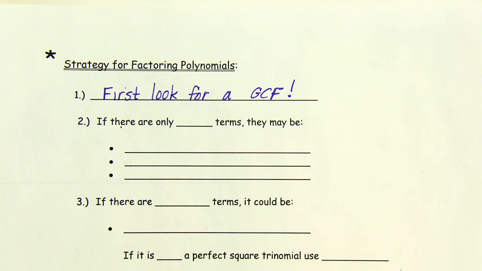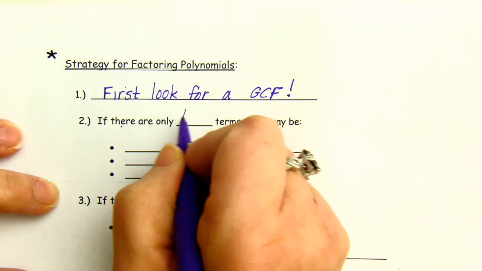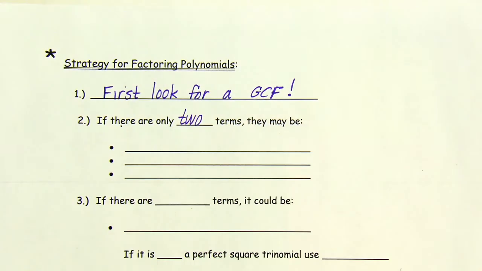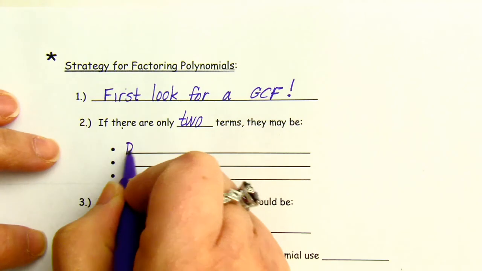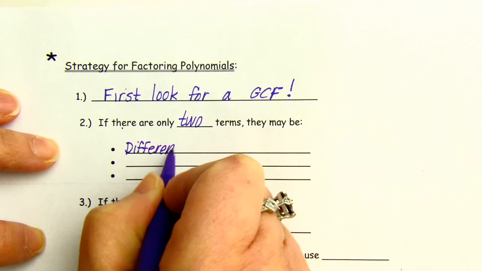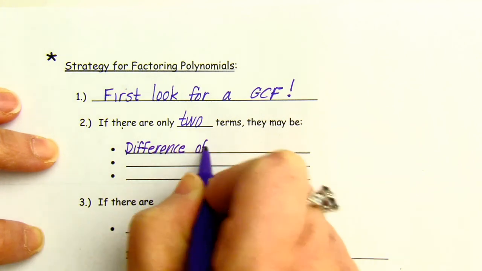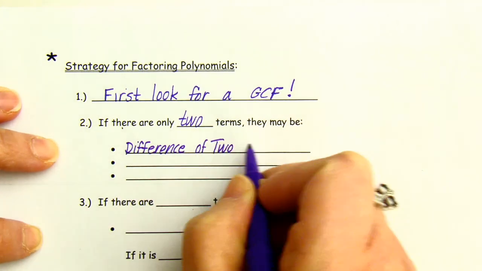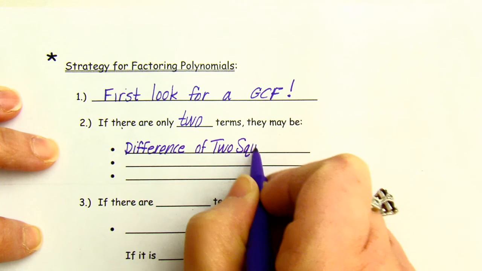Okay, so if there are only 2 terms, meaning it's a binomial, sometimes it is only a GCF problem. If it's not a GCF problem, then it could be the difference of 2 squares. It could be dots.